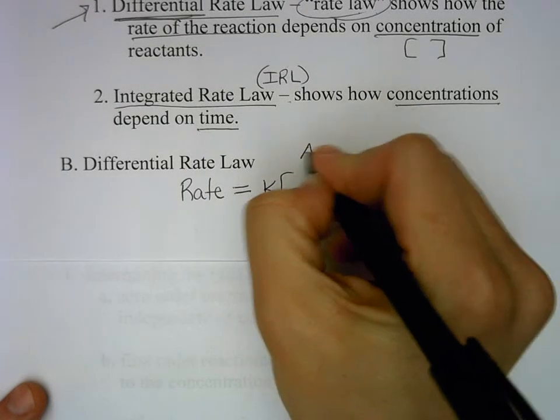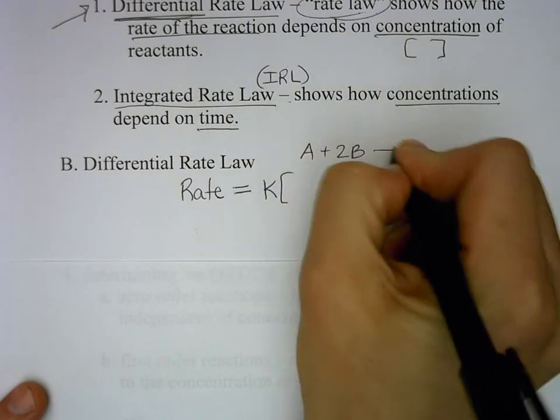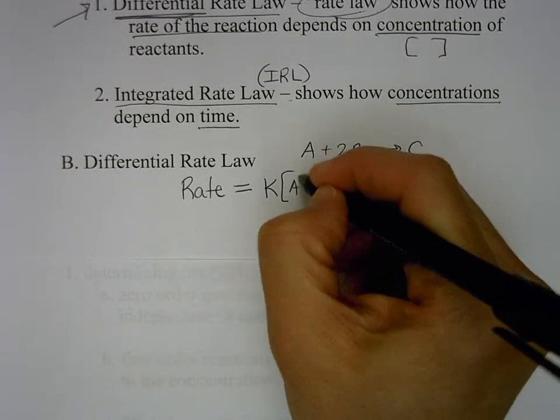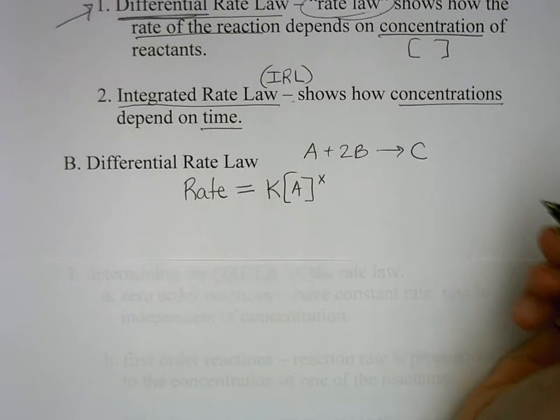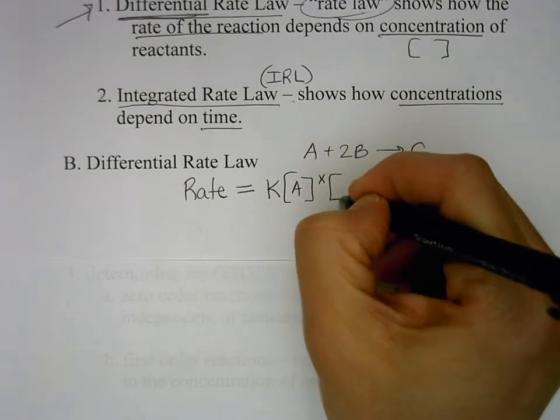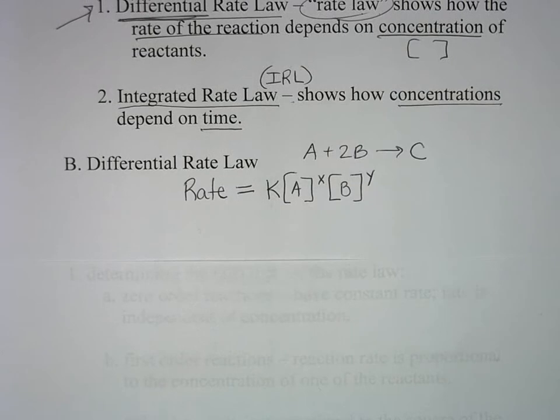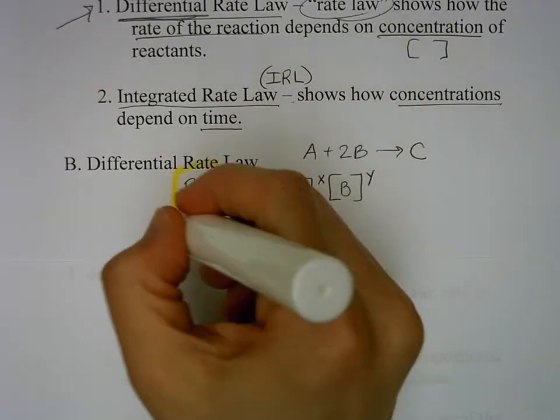If the reaction is A plus 2B gives me C, so I've got two reactants and a product, the rate law equation is going to have K, which is a constant, times the concentration of A to some exponent, times the concentration of B to some exponent. And that's the general format.